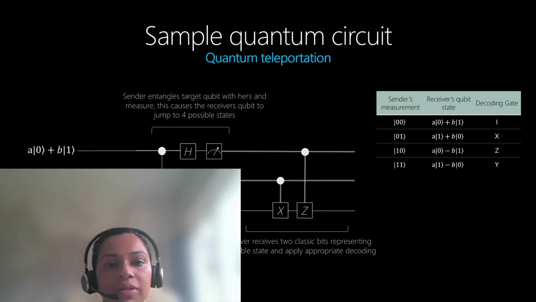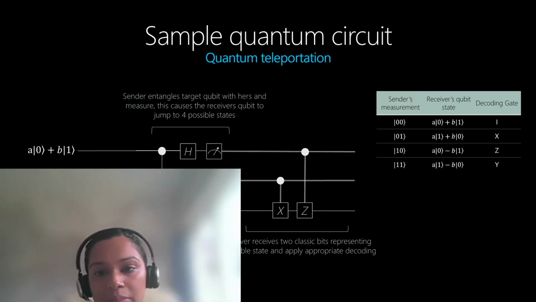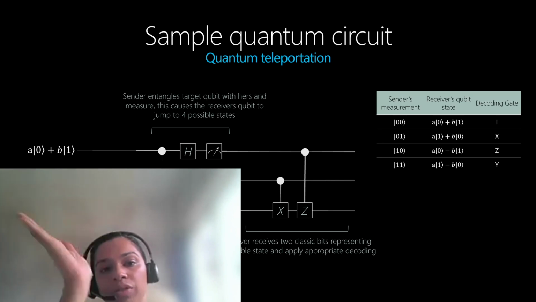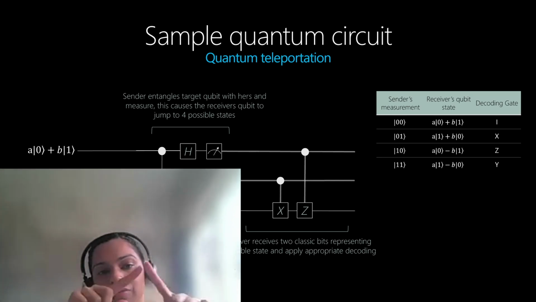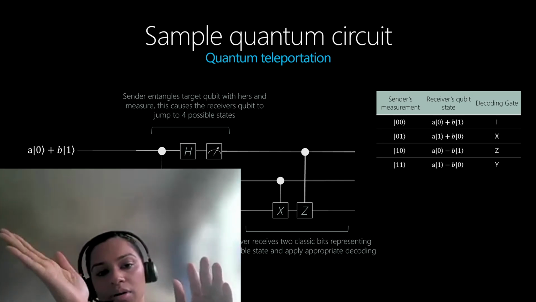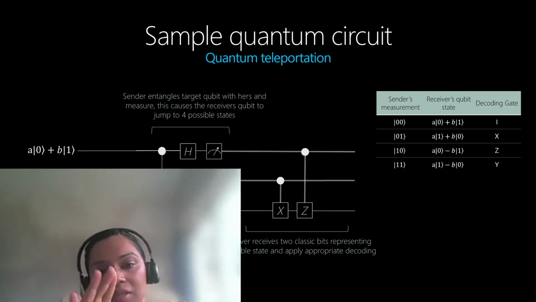And this is one of the simple representations of the quantum teleportation circuit. We're not going to go into details of it. It will take us just a couple of hours to go through the circuit, right? But you can see how the Hadamard gate and the CNOT gates are used, and the arrow box in between is actually a measurement.